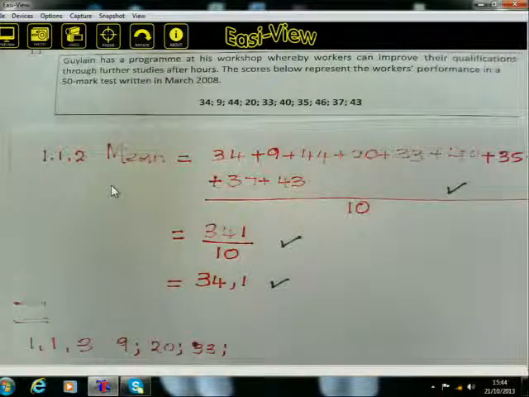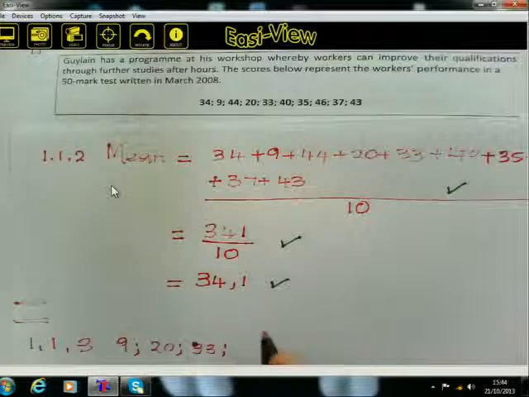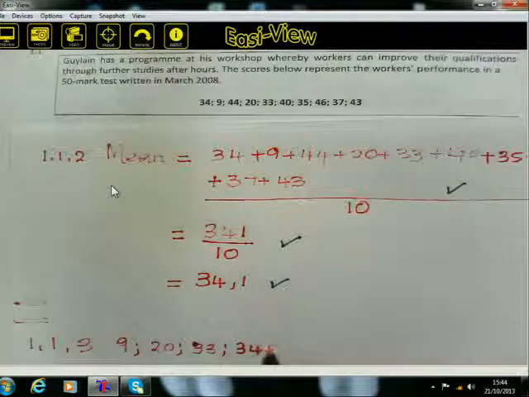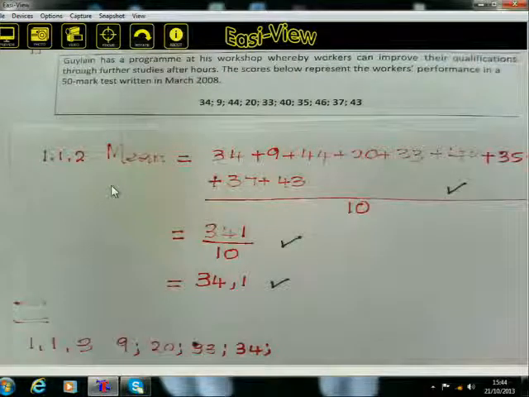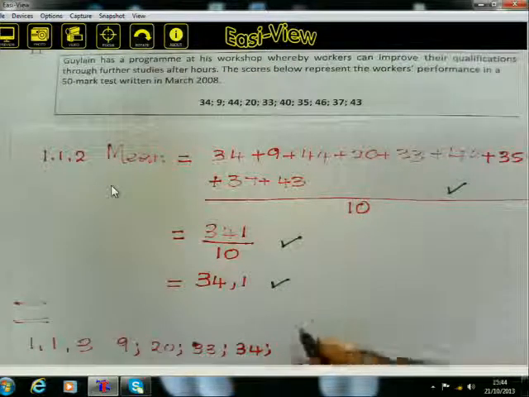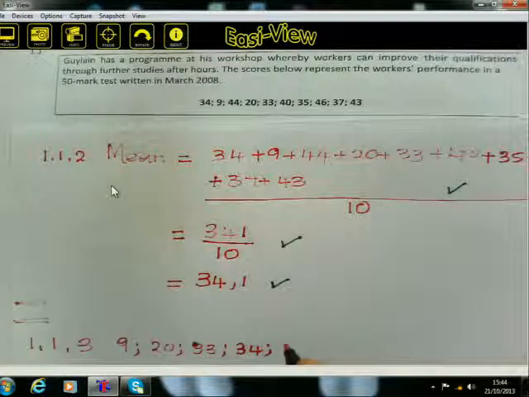After 33, it will be 34. Can you see it? Yes, I can see. It's 34. Remember, semicolon separates the numbers. Please write as it is. Another number will be 35.